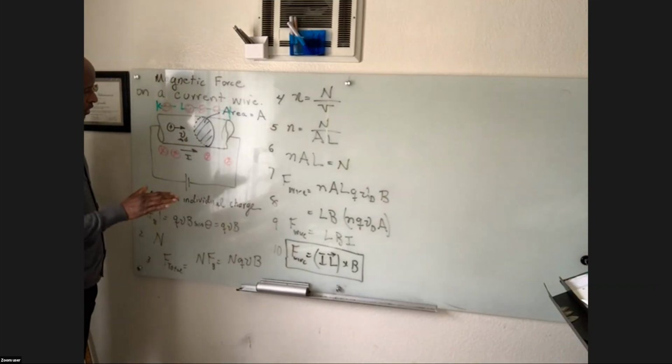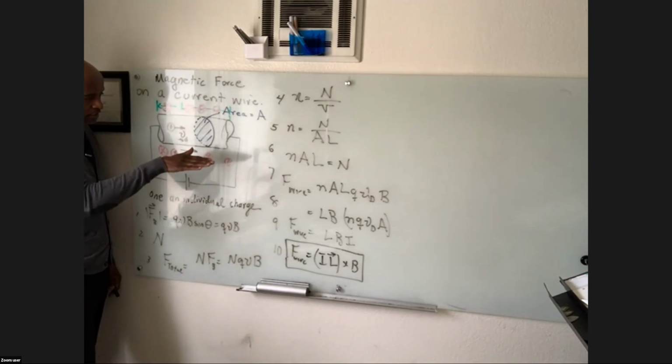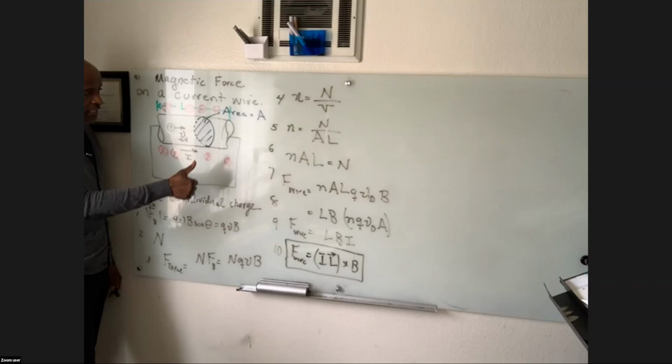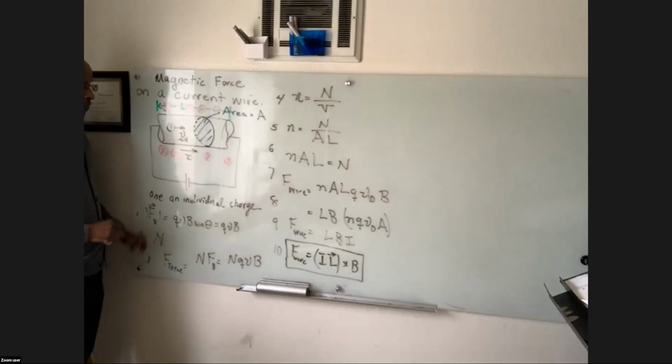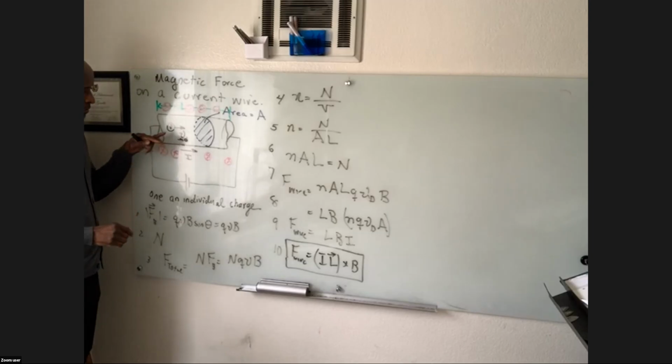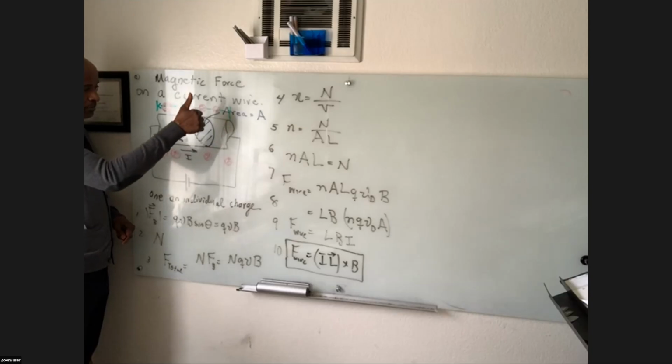So if I do a cross product, L in the direction of I cross B gives a force on the wire that's up. That would be the same direction as the force on any individual charge, pointing up.